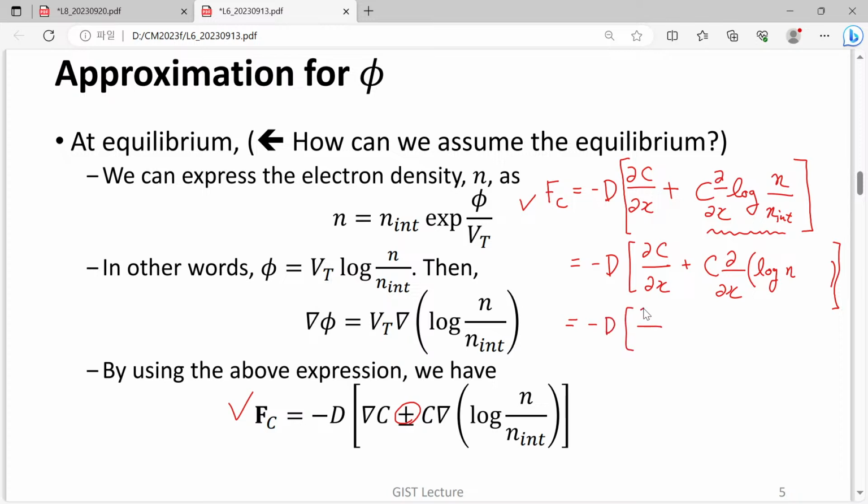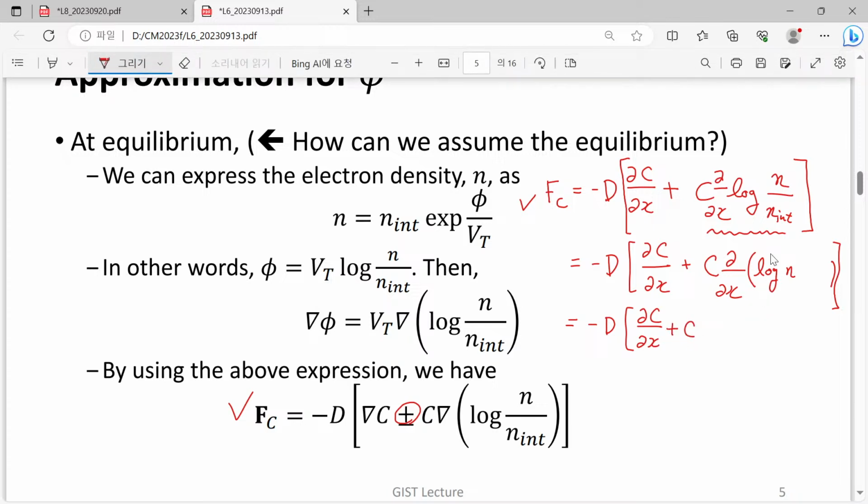Now we have ∂C/∂x plus C times the partial derivative of log n with respect to x. What happens if we calculate it? It simply gives us 1/n times ∂n/∂x.